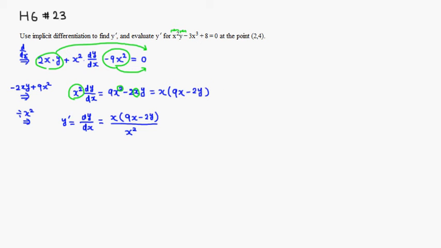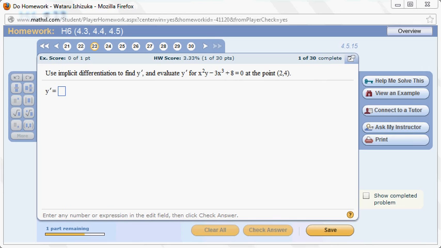We can cancel the x on top and one of the x's in the denominator, so, just cleaning it up, we get (9x minus 2y) over x. That's the y prime. So let's type it in.